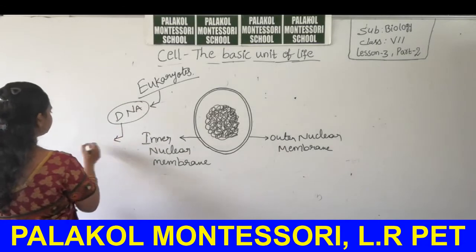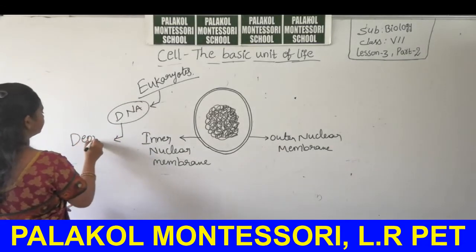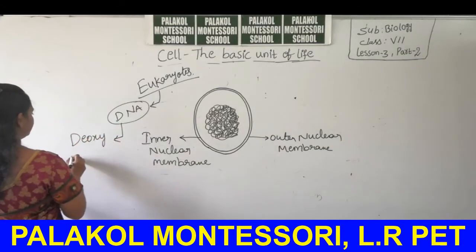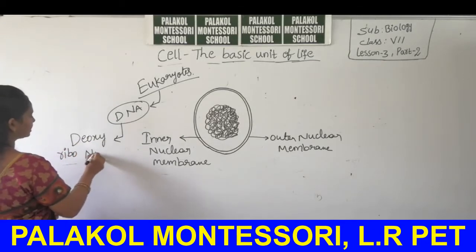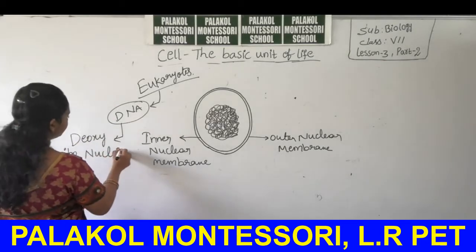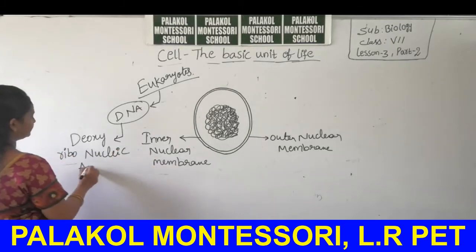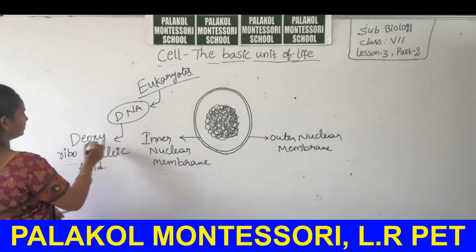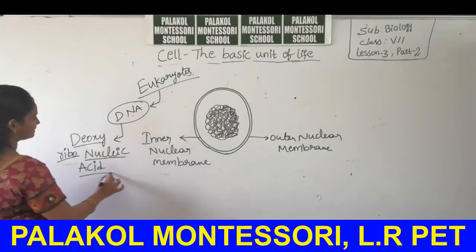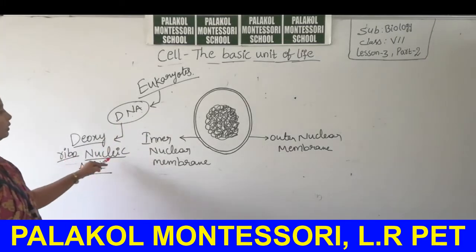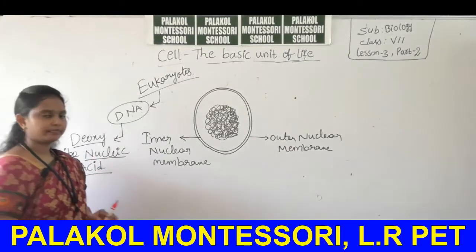DNA means deoxyribonucleic acid. Okay, D for deoxyribo, N for nucleic, A for acid. Deoxyribonucleic acid.